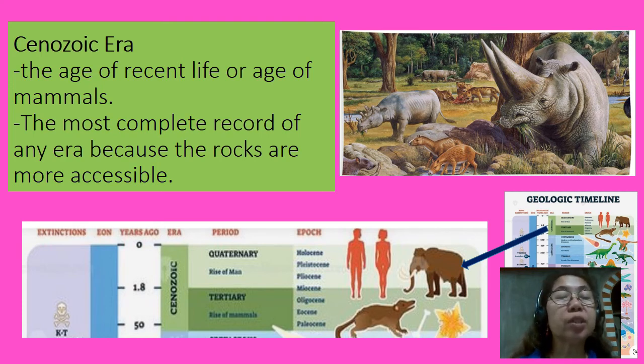The reptiles that were able to survive the Mesozoic era are the turtles, crocodiles, lizards, and snakes. I said the age of mammals, meaning to say humans evolved 40,000 years ago.